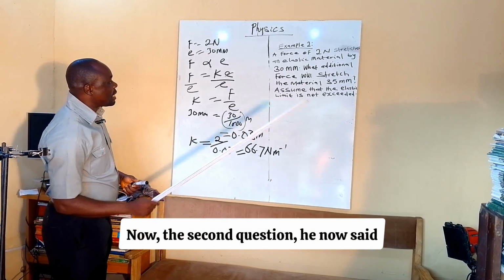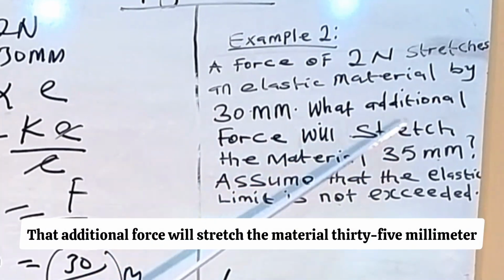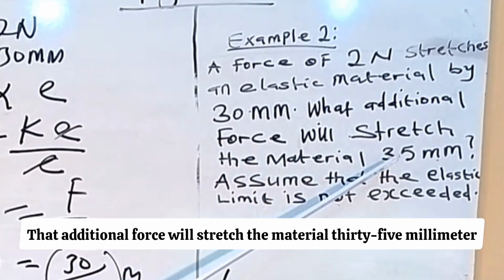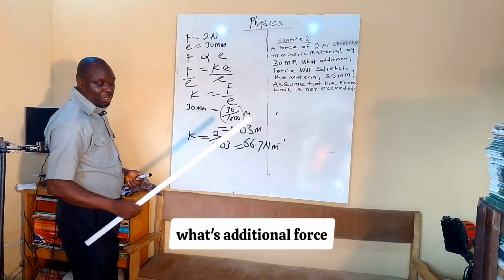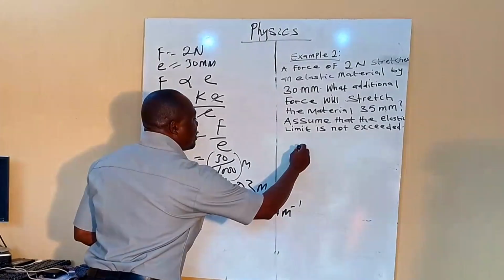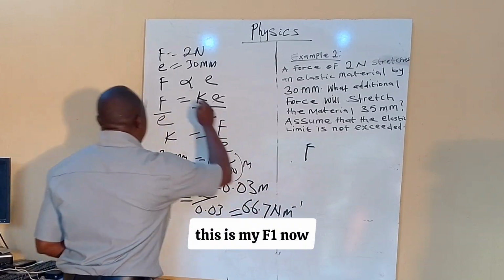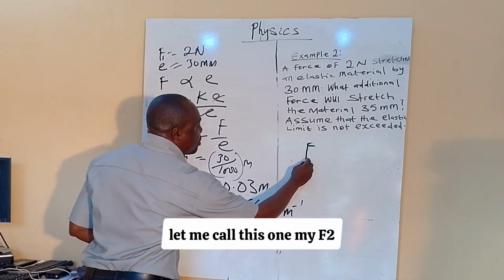Now, the second question. He now said, what additional force will stretch the material 35 millimeter? The additional force, going by Hooke's law. Let me call the first one my F1 and this one my F2.